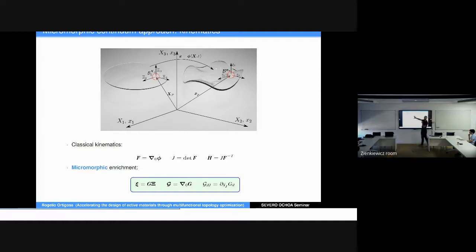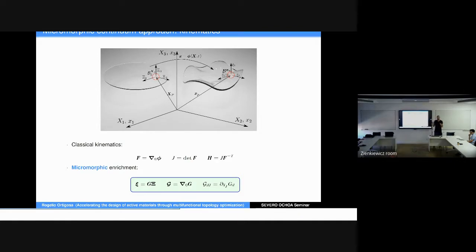So imagine the potato that I presented at the beginning, with the reference and spatial configurations. Okay, but on top of those reference and spatial configurations, on top of each particle, capital X and small x, there is going to be attached a microcontinuum.